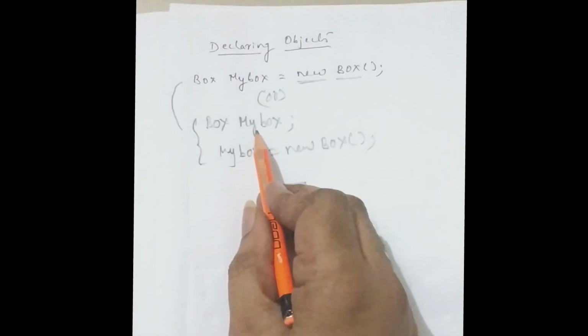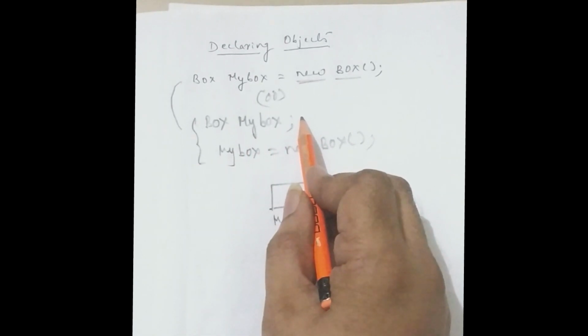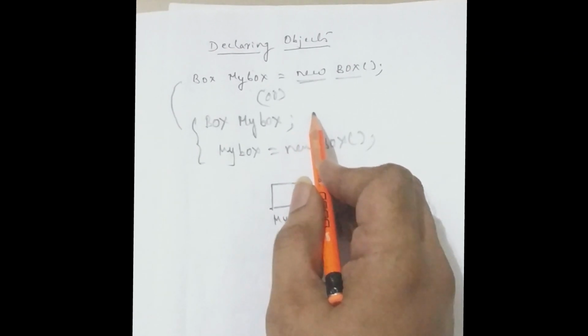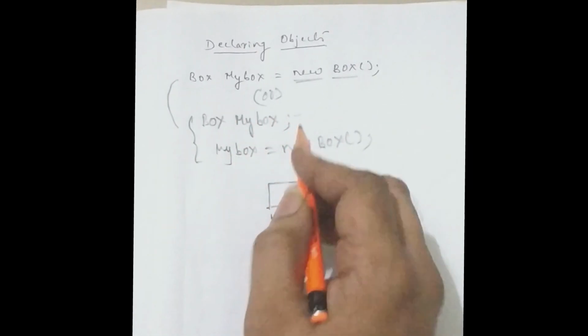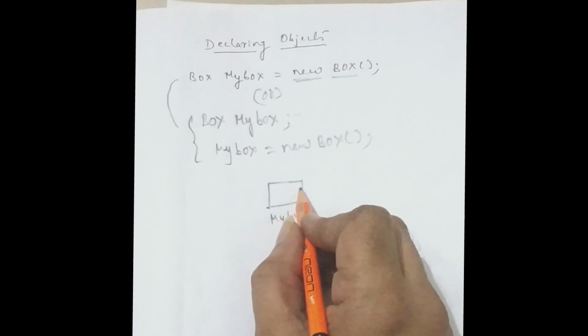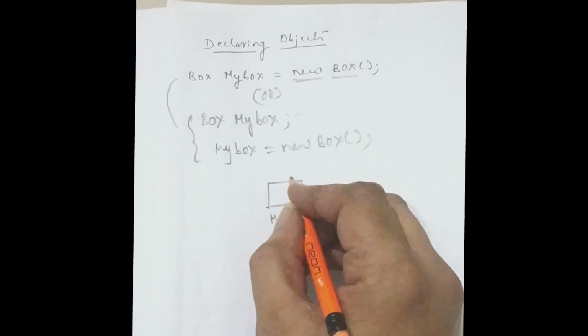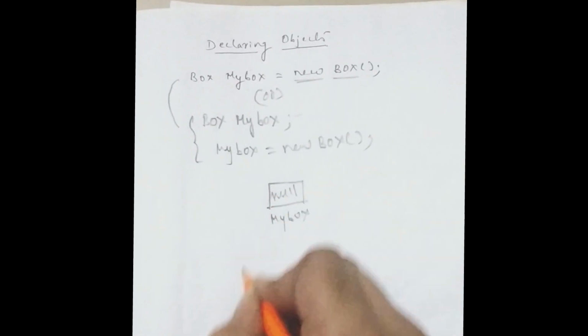Now myBox is a variable which always points to an object of a class called Box. Right now, in this first statement, myBox is not pointing to any object of the class Box, so the value of myBox will be null.